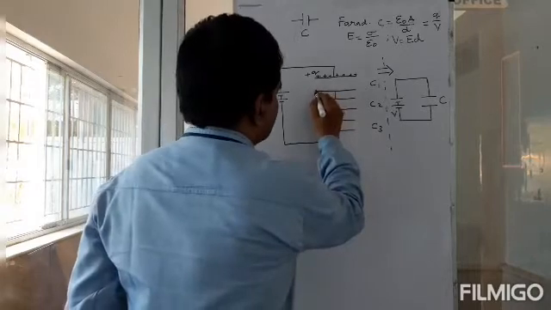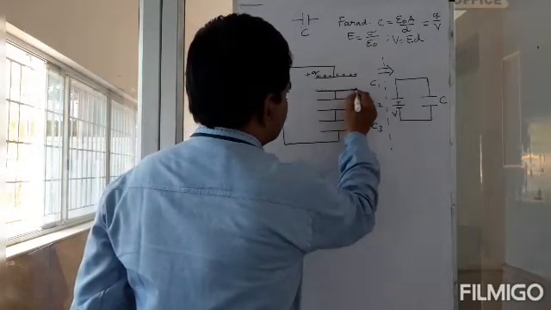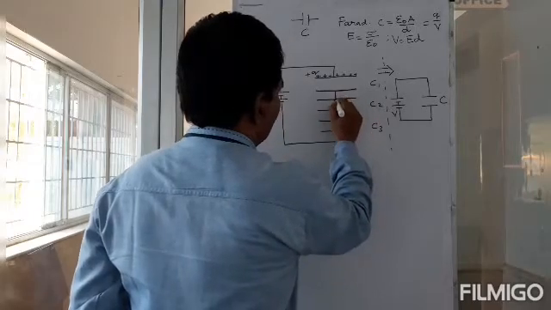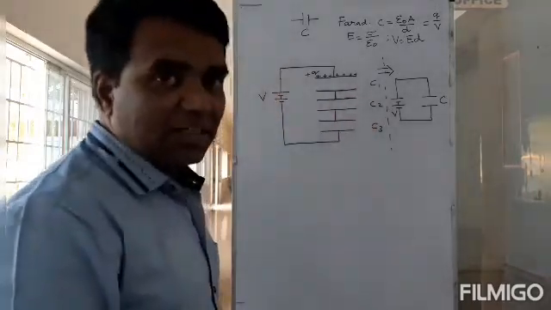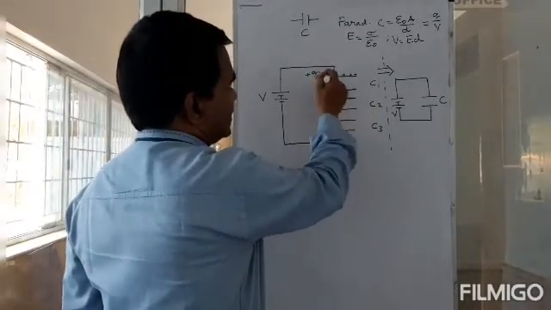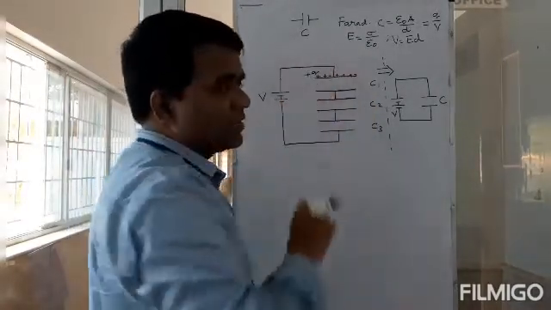Then what will happen to this plate? Notice that this plate is connected to this plate, so the whole thing will act as a single conductor in the presence of the field produced by this charge.